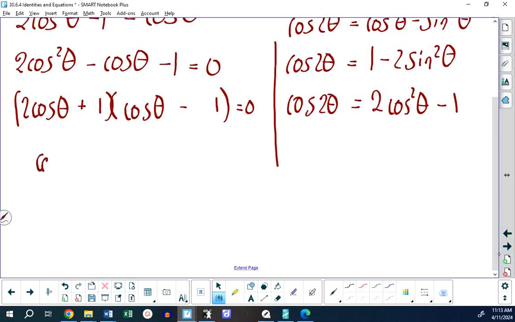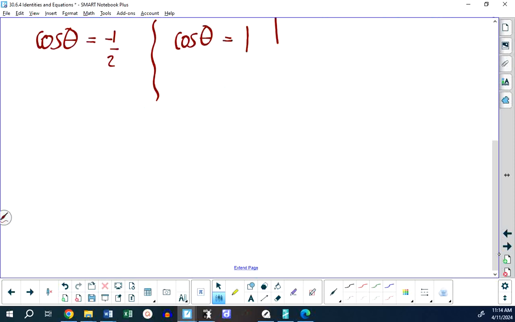That means that cos of theta is equal to negative 1 over 2, and cos of theta is equal to 1. Admittedly, I didn't write the intermediate step there. I could write 2 cos theta plus 1 equals 0 and go from there, but I think we've warmed up enough today to just handle that. Where on the unit circle is the cosine equal to 1?